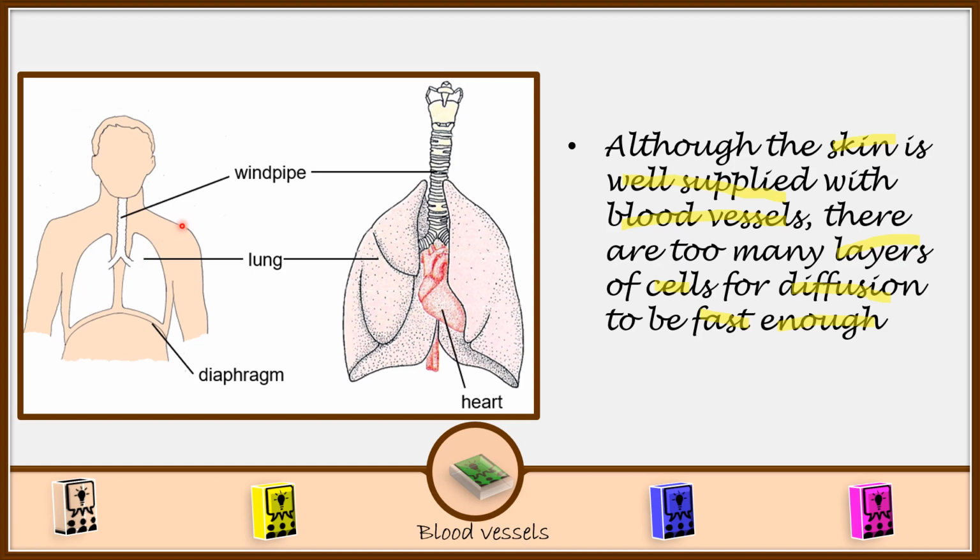From the surface of the skin to the lungs, there are very many layers of cells. That means oxygen would take a longer time to diffuse through those layers, so diffusion would be very slow. Therefore, even if the skin is well supplied with blood vessels, the many layers of cells would cause diffusion to be very slow.